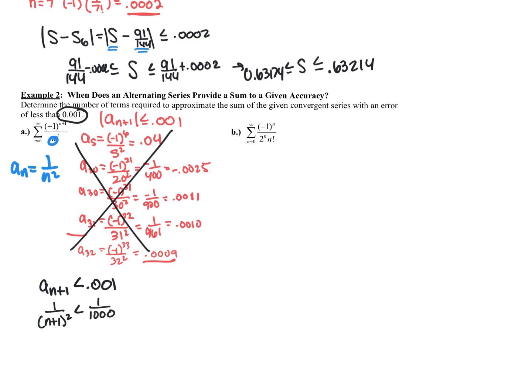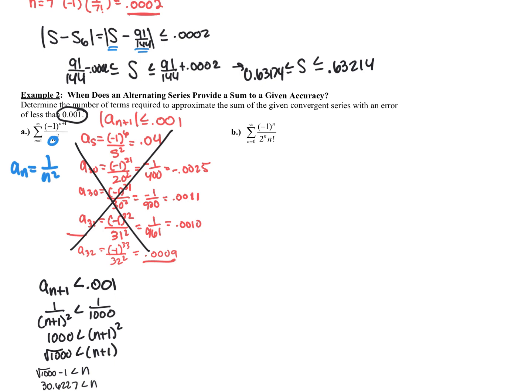Then I'll multiply by 1,000 on this side, multiply by n plus 1 on this side, and try to solve this inequality. Take the square root of both sides, square root of 1,000, and then subtract 1, and we'll have the square root of 1,000 minus 1 will be less than n. And if we do the square root of 1,000 minus 1, we get 30.6227 is less than n.